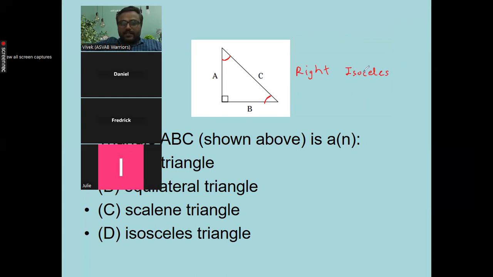Can you call it that? Jacob, what do you say? Yes, Daniel says yes. If it was the case, okay? But that is not the case for this. Let's move on.